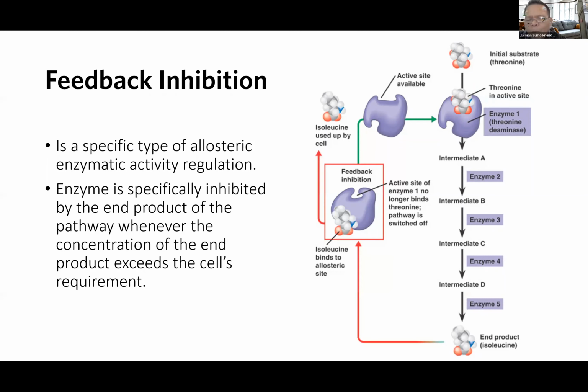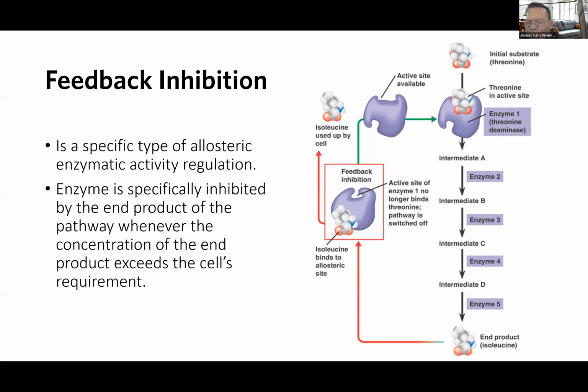We'll determine first from the upper side. Threonine will attach to the active site of the enzyme. Then, through several steps, this threonine will be converted to isoleucine. This is the end product of the enzymatic reaction.